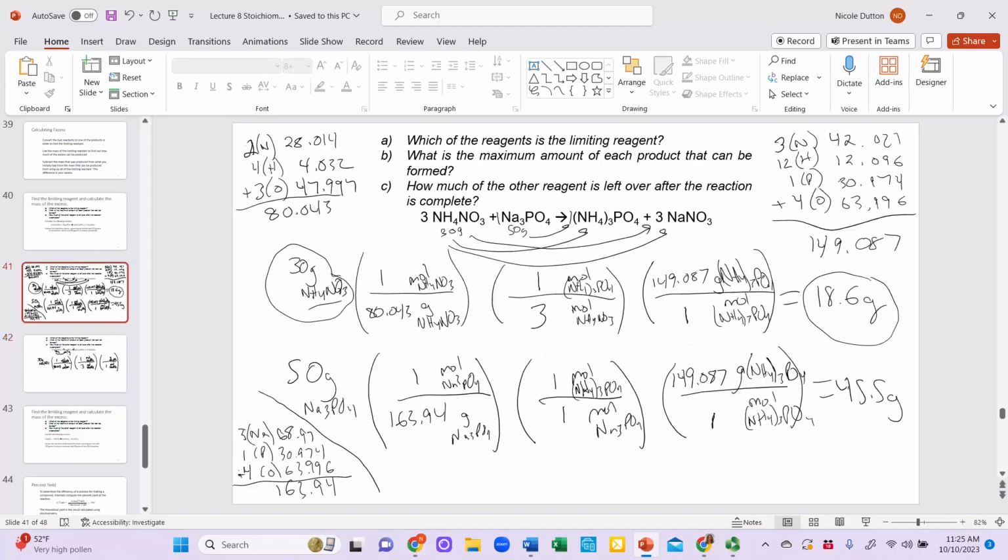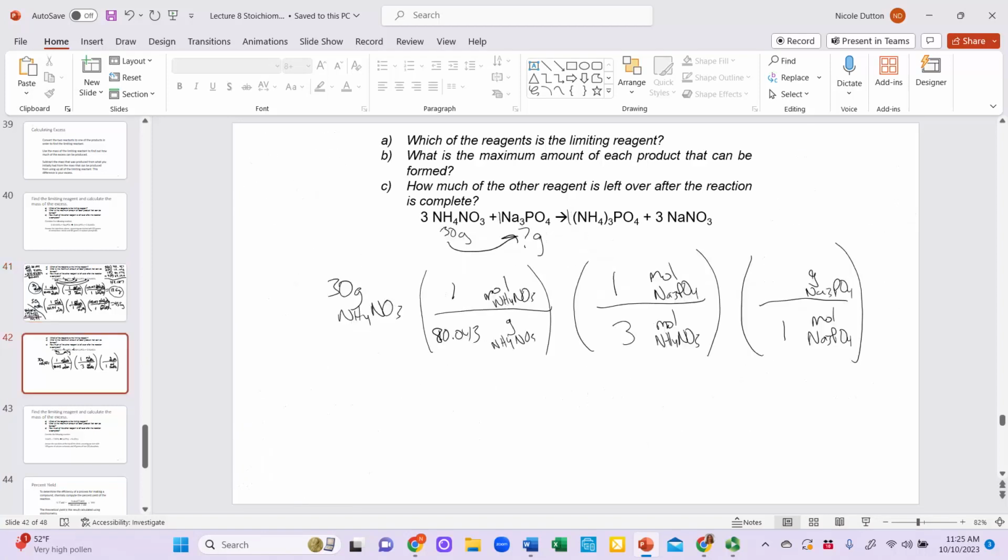So 163.94. We're going to multiply across the top and divide away the bottom.